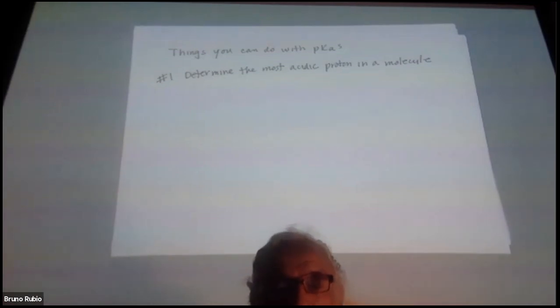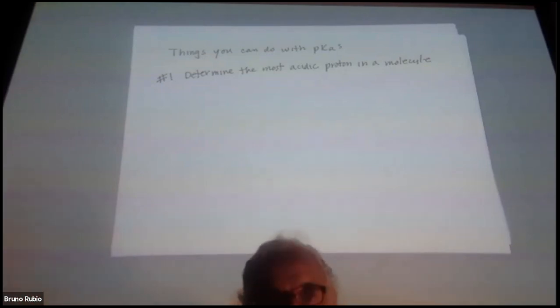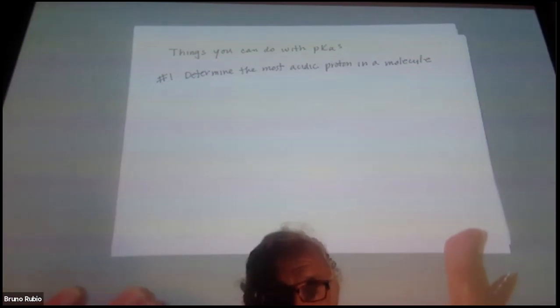And so what we need to do is look at that table, look at the molecule, look at the table, and we are matching up the entries in that table to the protons in a molecule.